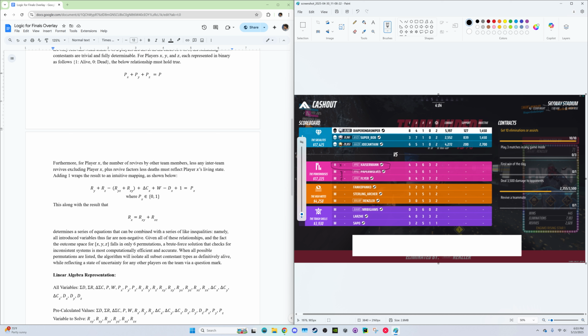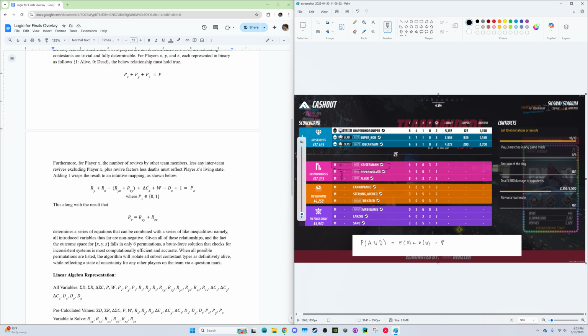Since it's not possible to tell exactly who Y revives, you can set up a variable relationship where the total number of times Y revives and the total number of times Z revives, less the times they revived each other, is going to be the number of times either of them revived Kaiserman, right? This is basically coming from the math formula for the probability of A or B, where you sum P of A and P of B and subtract the common intersection, right? So that's basically the idea here as well.